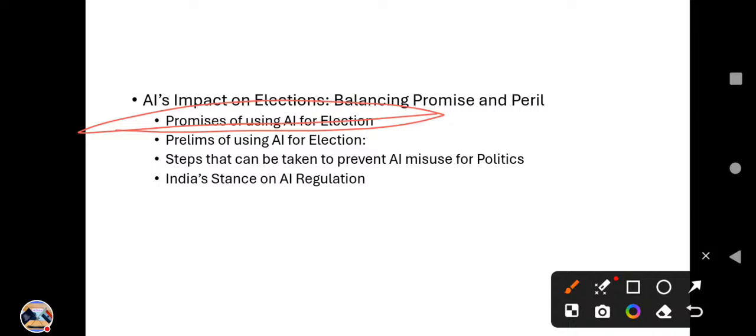And what are the perils of using AI for elections? Manipulating electoral behavior. So there is a very high chance to manipulate the electoral behavior of any voters, okay, through bots and automated social media accounts.